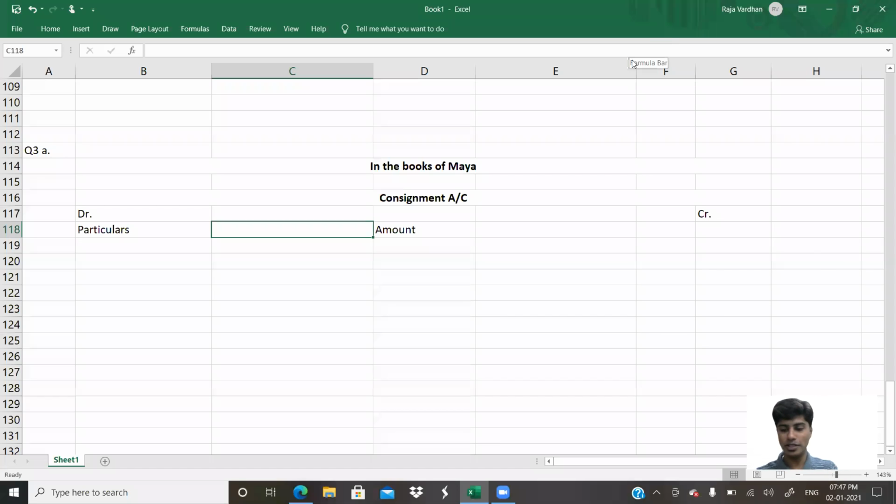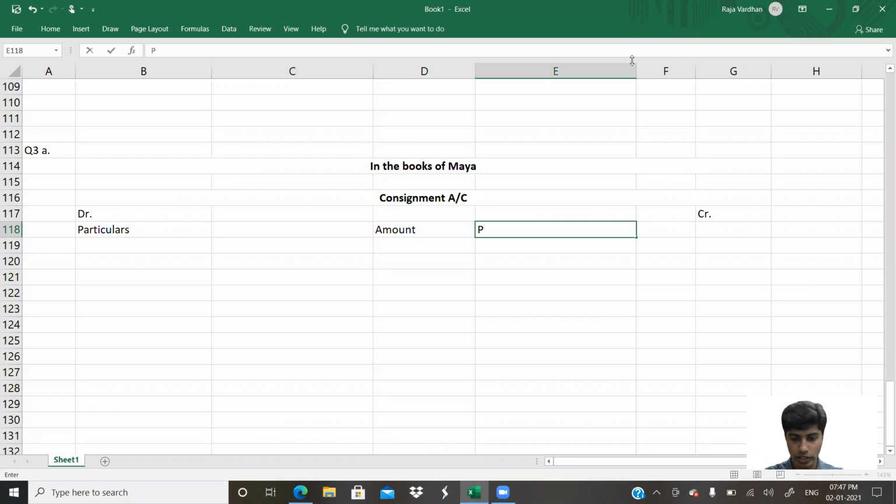Sorry that I had to pause. I got a call. So I was telling you that the place I've left is for an inner amount column. Then I'll again have particulars and another amount column which comes up here, just in case I have any calculations or computations coming up. That is the intention.